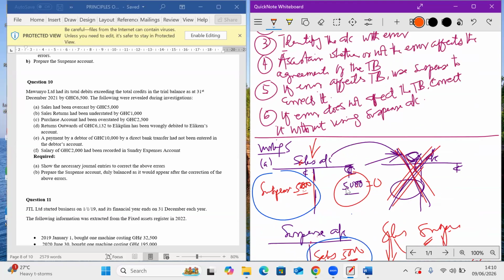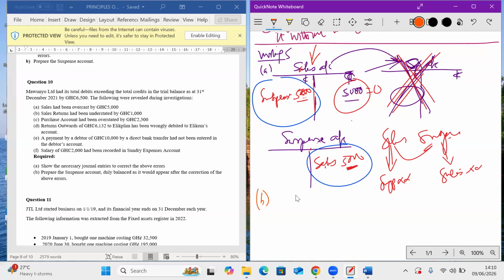So what are the accounts? Okay. What are the accounts involved? Sales account. Sales returns account, not sales.